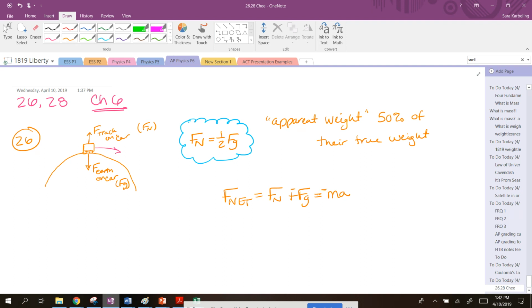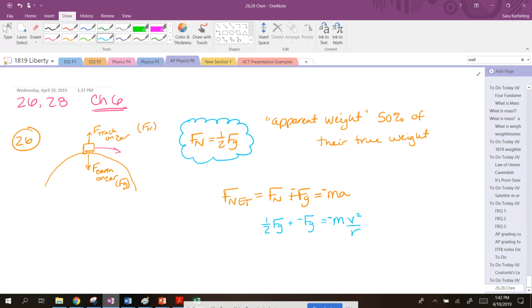Now we can take what Nick had said and say, okay, this is 1/2 Fg plus a negative Fg is equal to ma. And they want to know how fast the coaster is moving. We said that it's centripetal acceleration, so instead of writing a sub c, we could just write v squared over r.